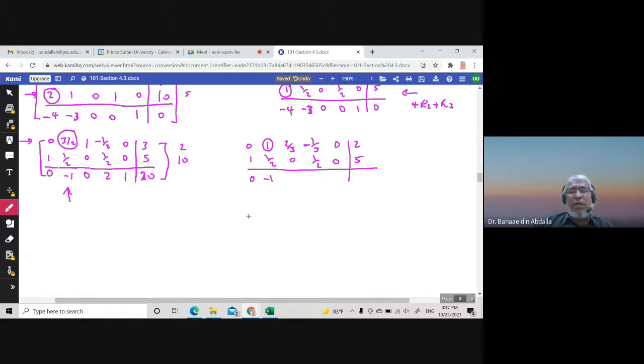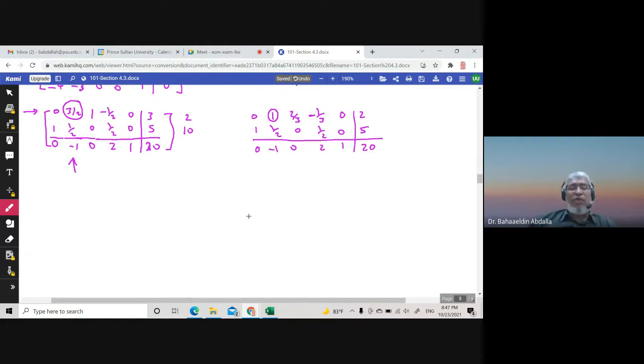And keep in your mind that this is not a new matrix. This is something in between. And now I need to make half and negative 1 zeros. So negative half R1 plus R2 and R1 plus R3.